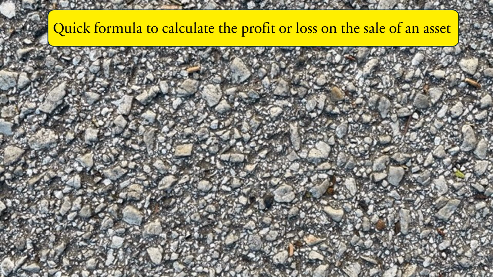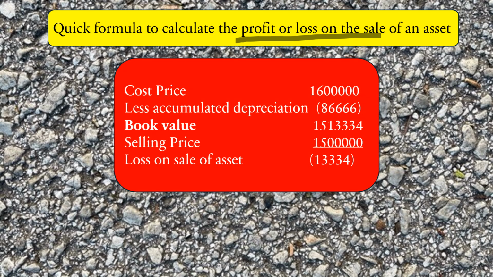Now, I've taught this to you before in previous videos. The quick formula to calculate whether there's a profit or loss on the sale of an asset is you get the cost price of the non-current asset, the building, less the total accumulated depreciation for the useful life of the non-current asset. Subtract that, cost price less accumulated depreciation, gives the book value.